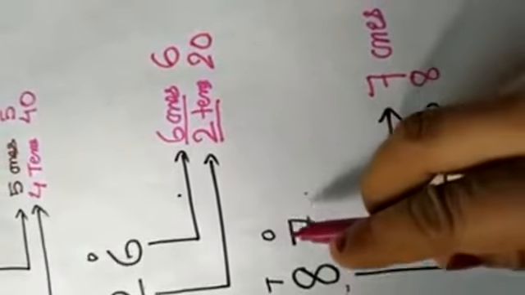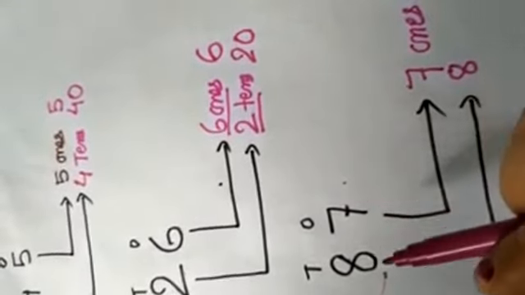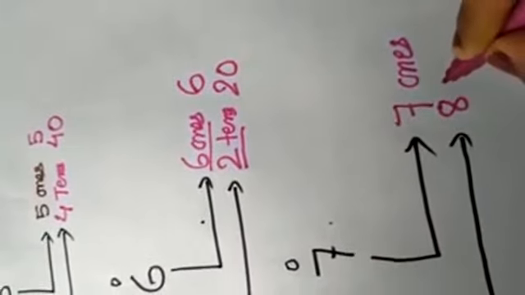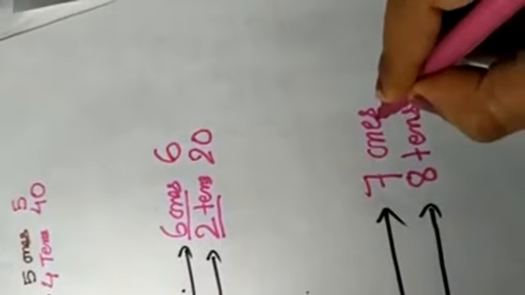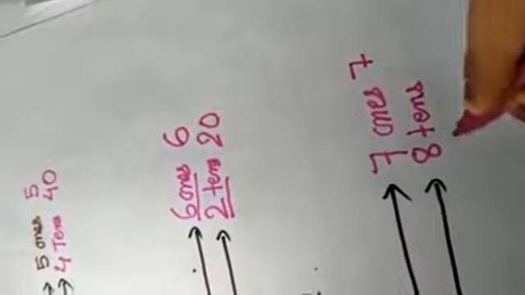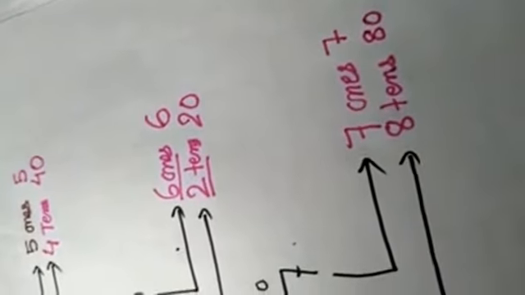After 8, is there any number? Yes. If after 8 there is a number, we'll write 8 at tens place. So 7 ones means 7 alone. Tens means 10, 80.